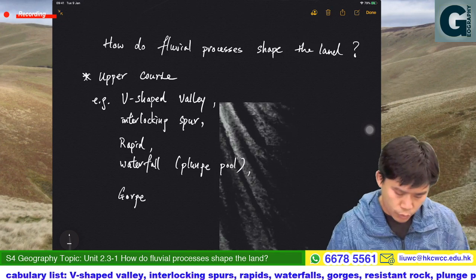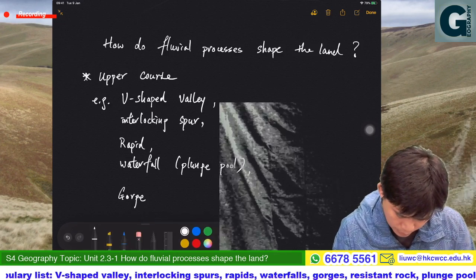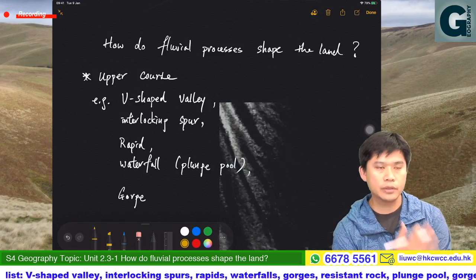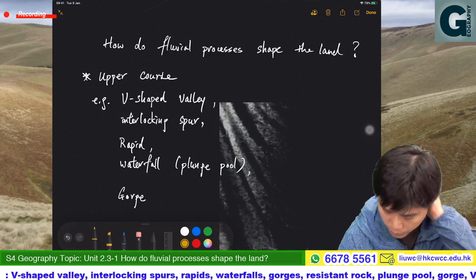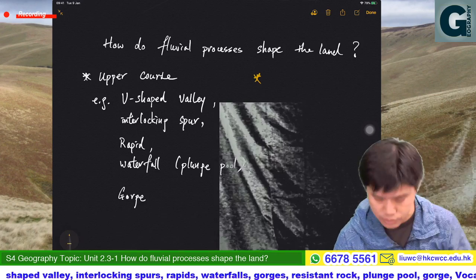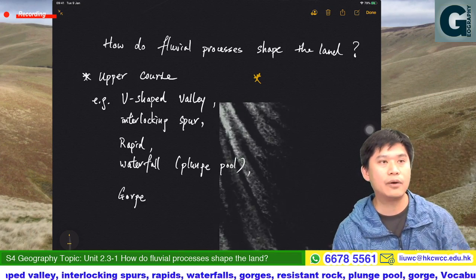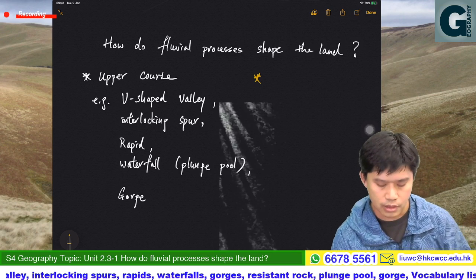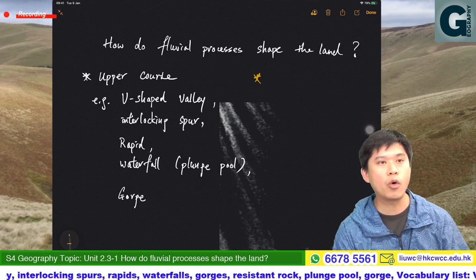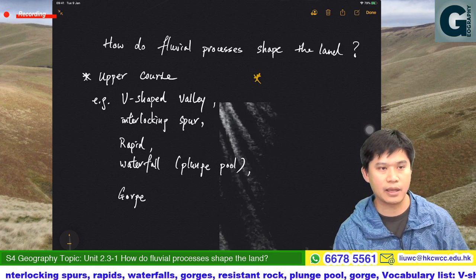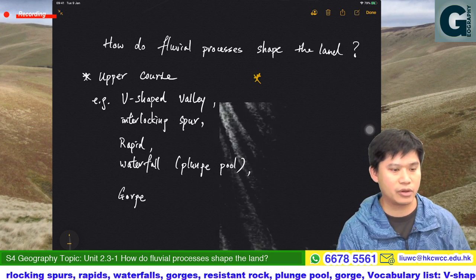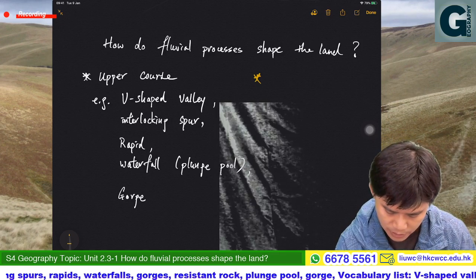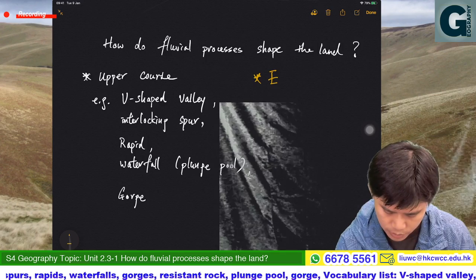That is the landscape we have studied. So what are some important points we need to note? First, just now we talked about how fluvial processes may shape the land. So we need to identify what fluvial process occurs mainly in this area. Of course, it must be erosion.